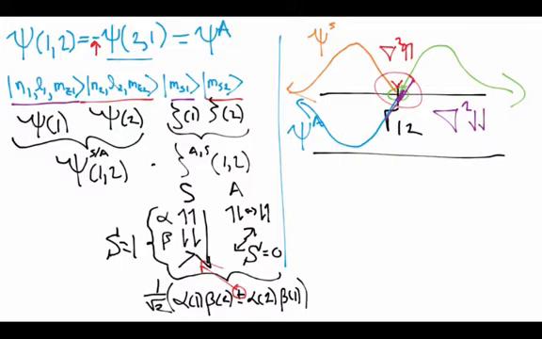So all else being equal, if I'm looking at identical single electron functions, then the spin triplet case is going to be lower total energy than the spin singlet case. The triplets are always lower in energy than the singlet.